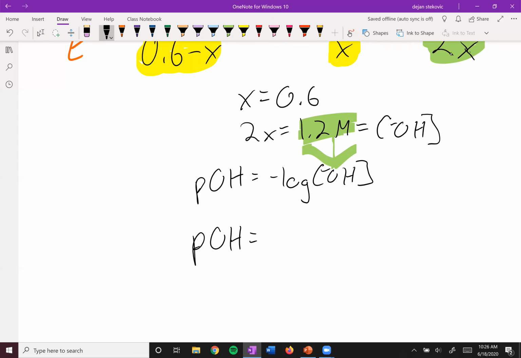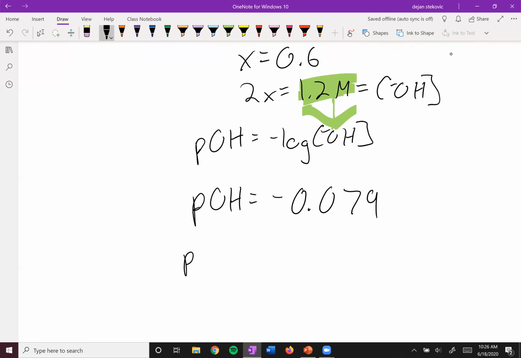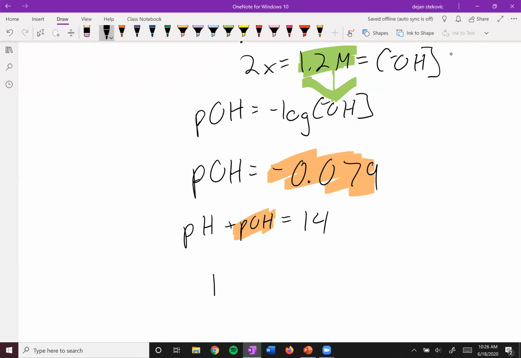And if you plug that into your calculator, negative log of 1.2, you get negative 0.079, right? That's pOH. And then remember that pH plus pOH is equal to 14. And so you can take this negative 0.079, plug it in for pOH and solve for pH.